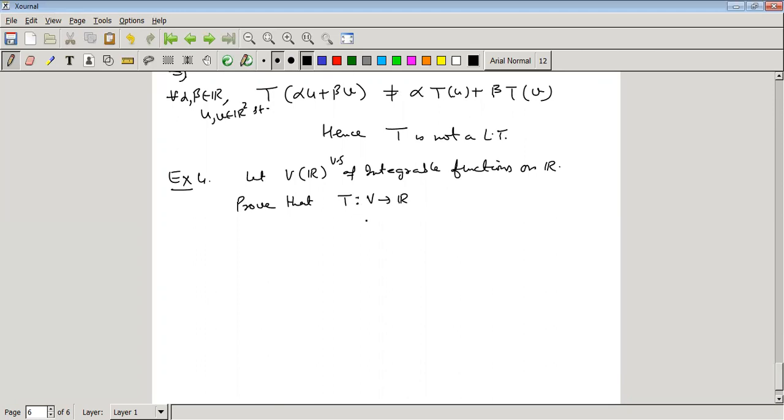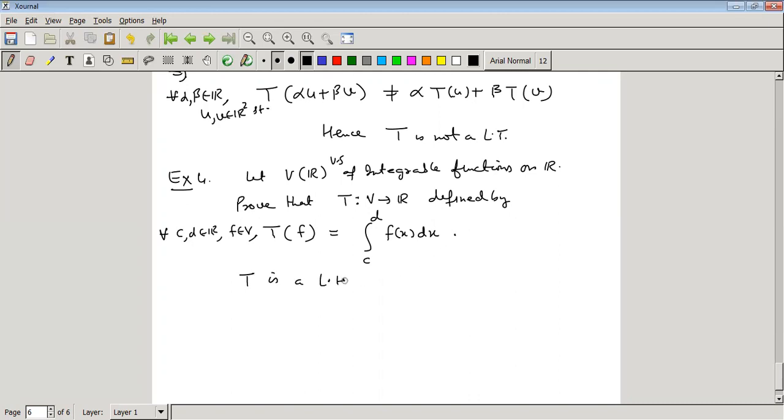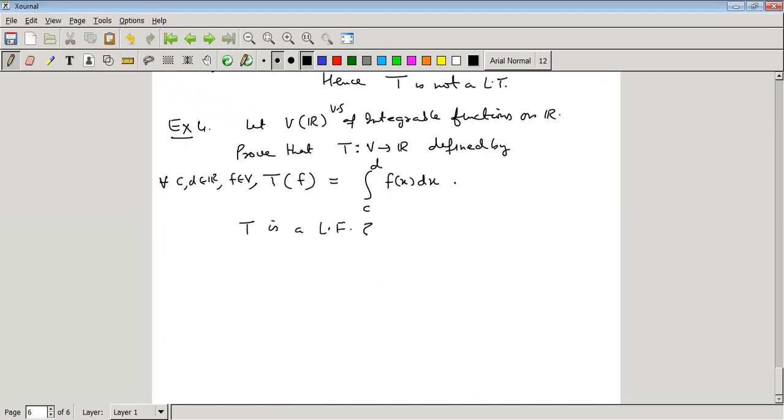Because T is defined from a vector space to a field, defined by T of f, where we take an integrable function f, and we get the integration from c to d of f of x dx, for any c, d in R and f belongs to V. So to prove that, we have to prove that T is a linear functional.